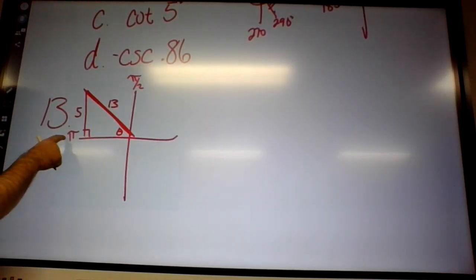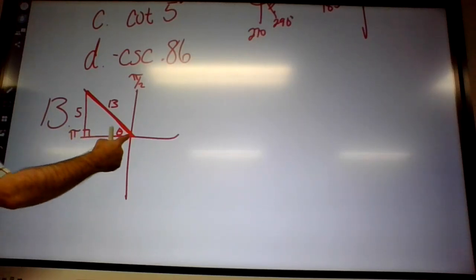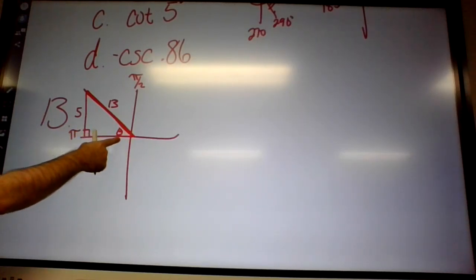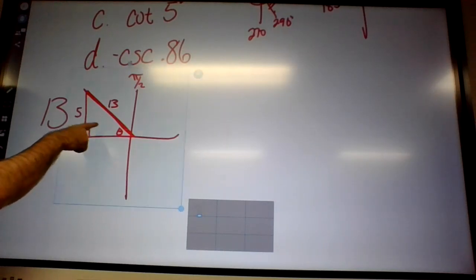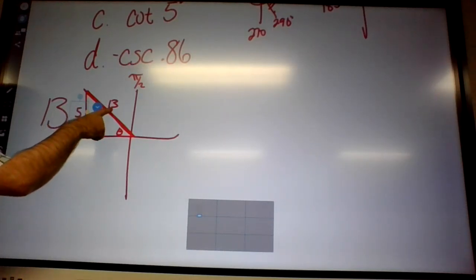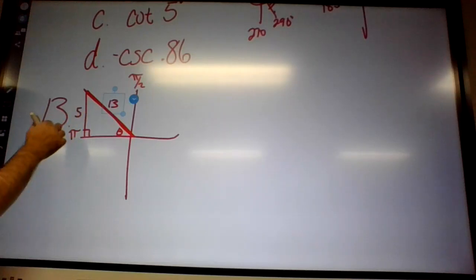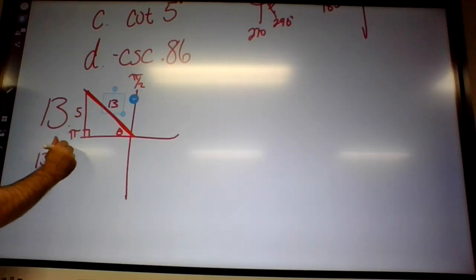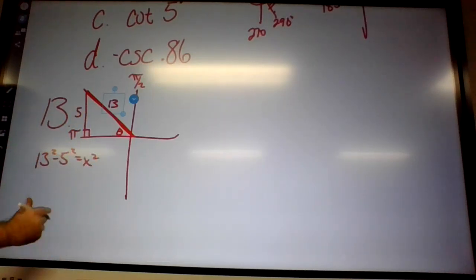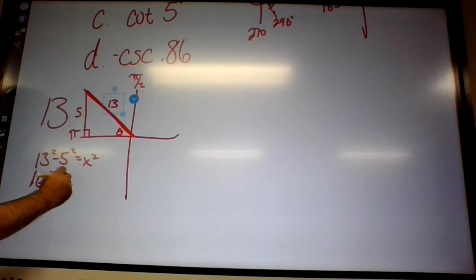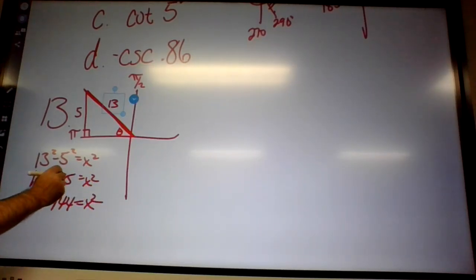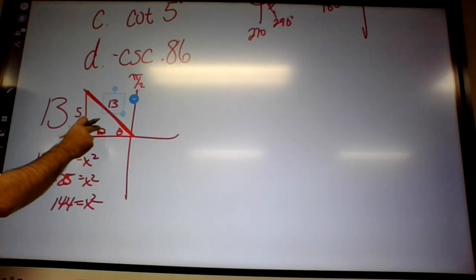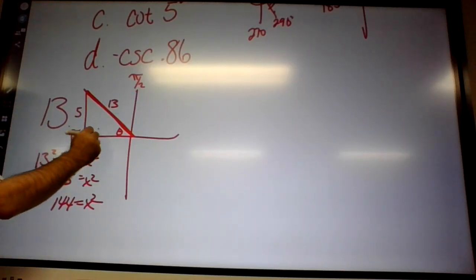We're going to need to find the adjacent, which would be this side. So how am I going to find this side? 13 squared minus 5 squared. X squared plus 5 squared equals 13 squared, Pythagorean theorem, or you could go backwards: 13 squared minus 5 squared equals x squared. You guys remember that? 5, 12, 13 was one of our triangles. Anyways.